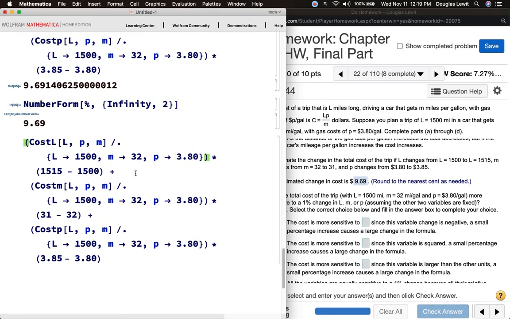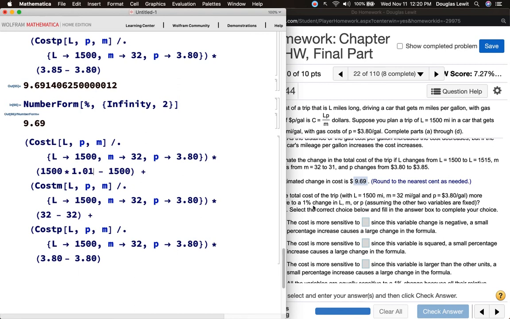Okay, so for L, let me see. We're just going to worry about L right now. So these other two are going to be 0. And this one is going to be 1,500 times 1.01.